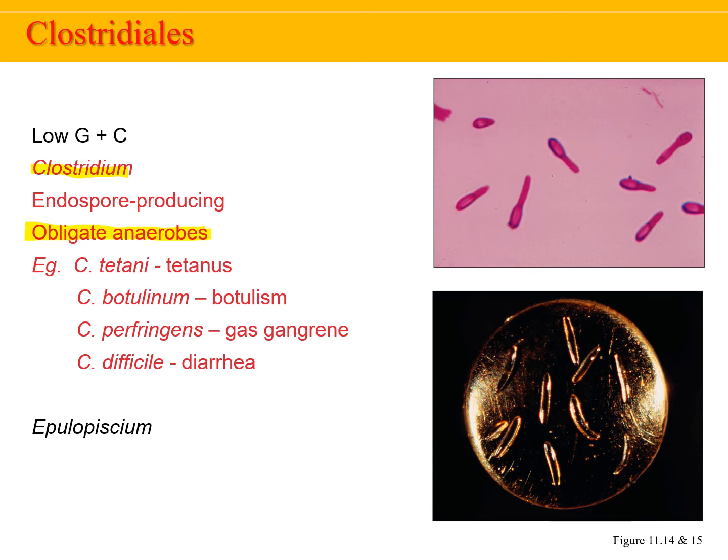In fact, in some cases, they even use oxygen as a treatment on a wound that is infected with this organism, to try and kill the organism off. These are obligate anaerobes that also produce endospores.